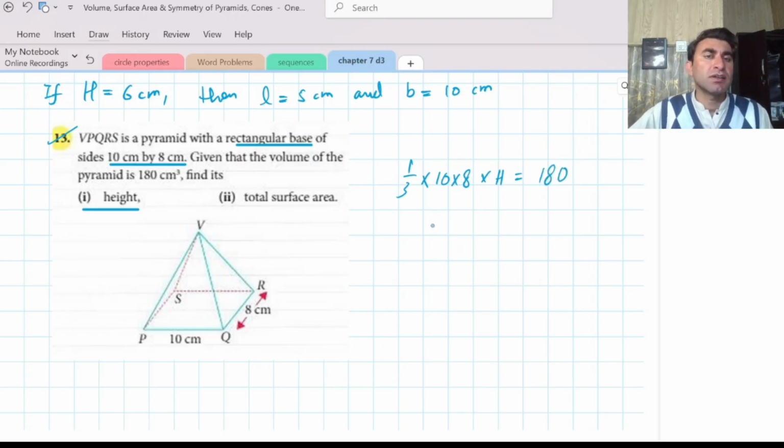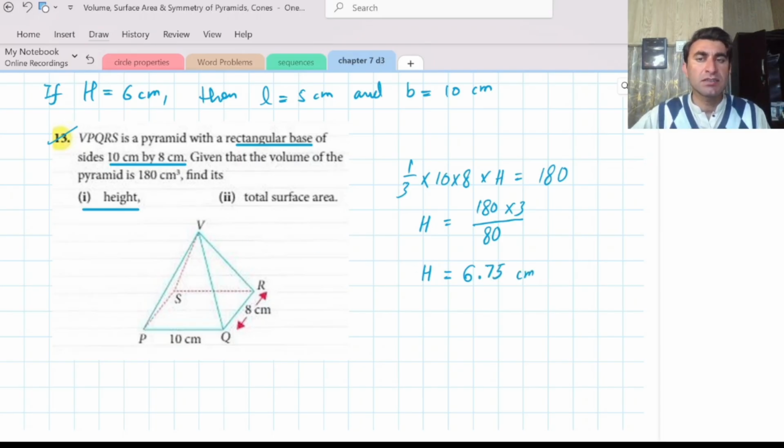Now in order to figure out the value of height h, the divisor 3 will multiply to the right hand side, 180 times 3, and the multiplicand 10 and 8 will divide on the right hand side, which is actually 80. So after we get help from the calculator, the value of height becomes 6.75 centimeter. So this is the value of height as mentioned over here in the diagram, 6.75 centimeter.